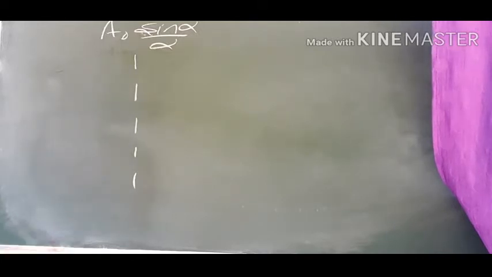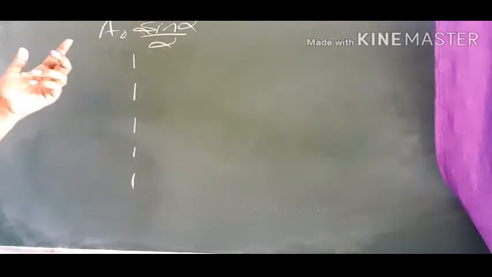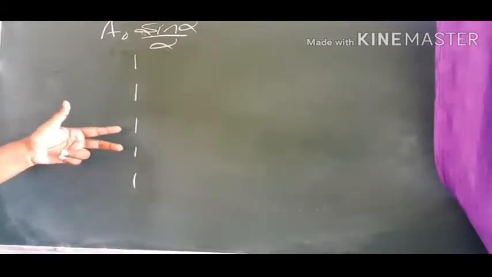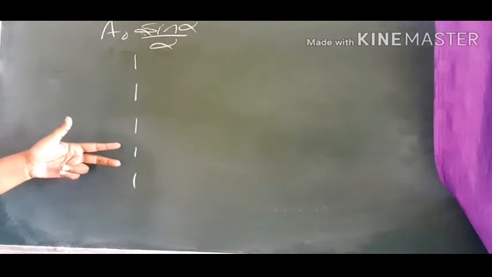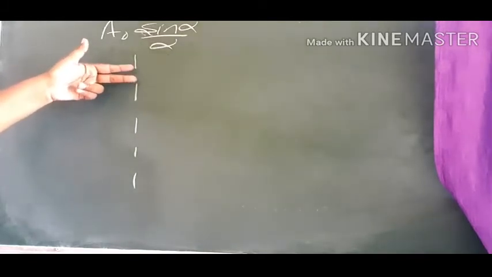So in case of n slit, there is a combination of single slit and double slit phenomena. Both are combined in this case. We consider all the rays coming from a single slit.